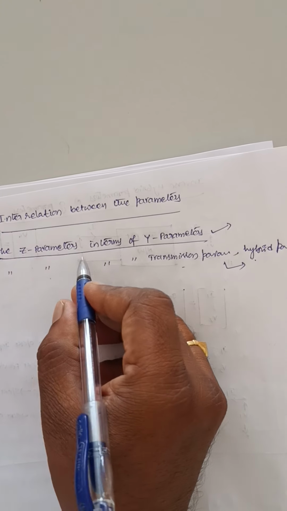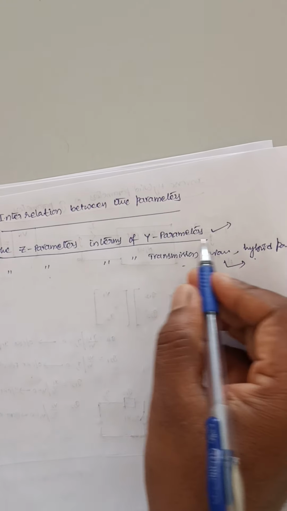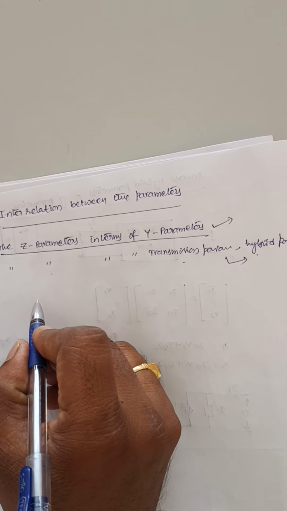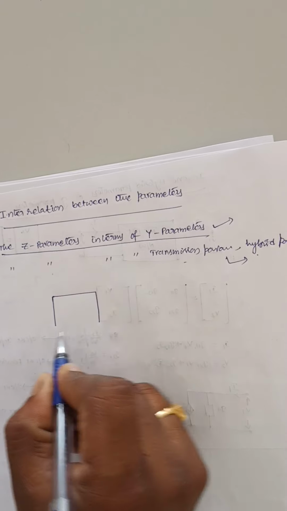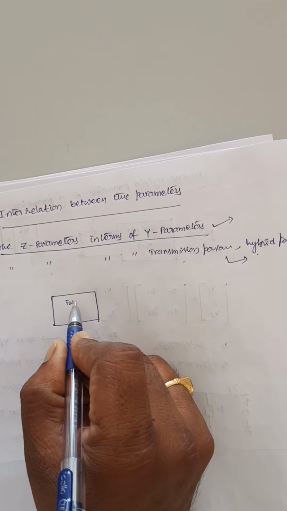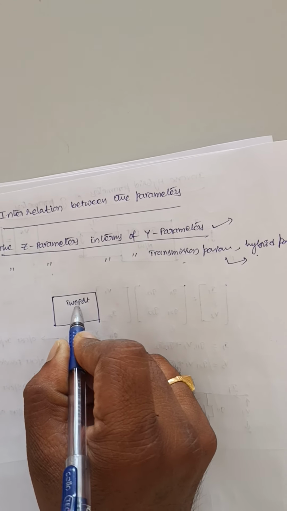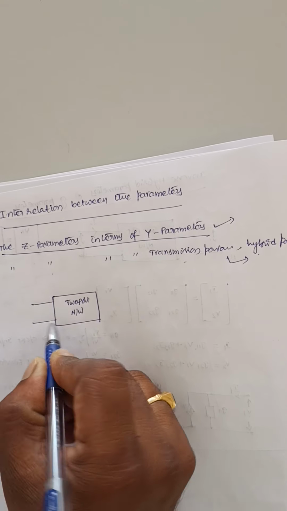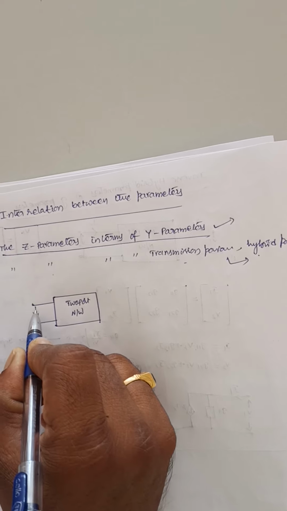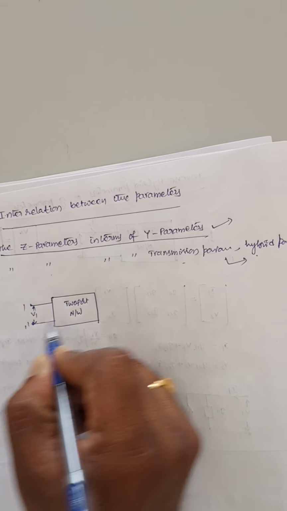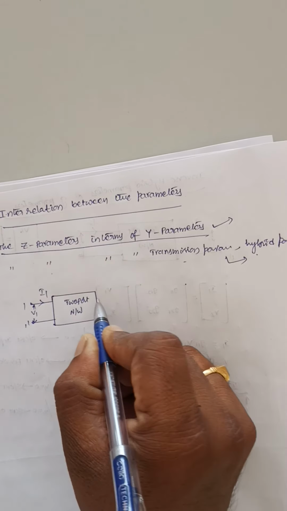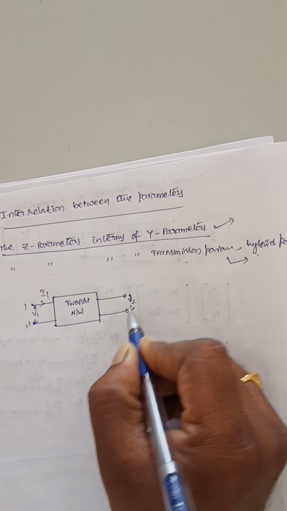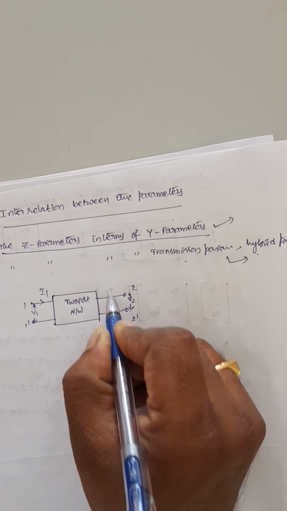That means the relation between the Z parameters in terms of Y parameters, how to get the relation. You see, what we know for this two-port network: input voltage is the voltage at port 1, current at port 1, voltage at port 2, current at port 2.